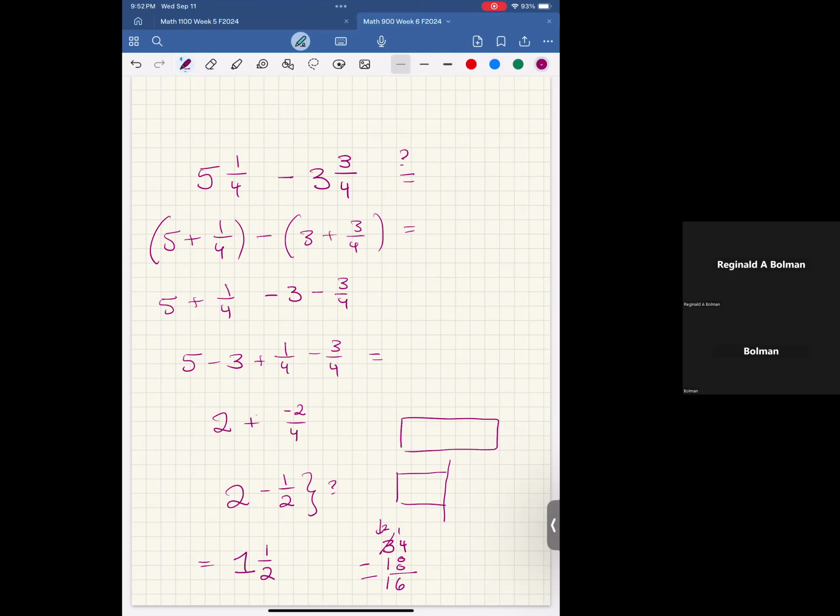The same thing is really happening here. You're borrowing from a 1, basically, if you think about 1 as being the same thing as 2/2, then you're taking away one piece from the 2. So you would have 1 plus 2/2 minus 1/2.